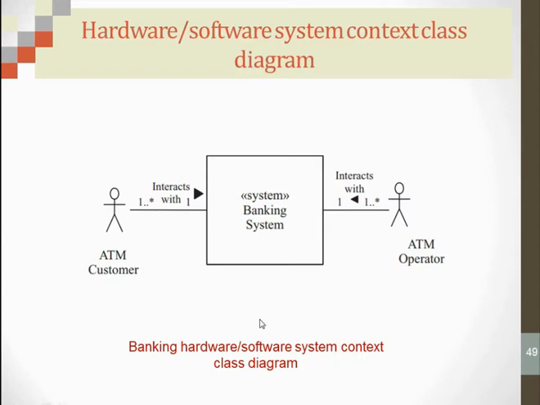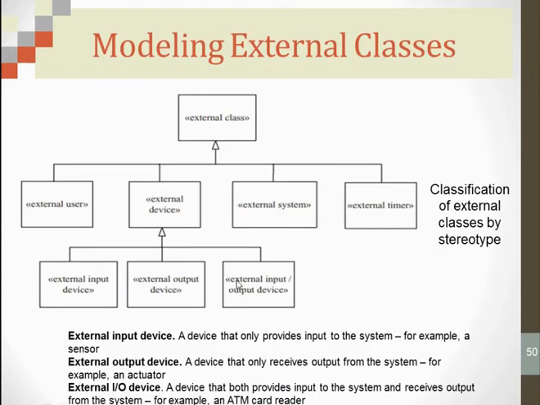How about the other context class diagram? Before we see it, the external classes can be external devices or external systems. What is an external system? If the system receives some information from another subsystem, that is an external system.